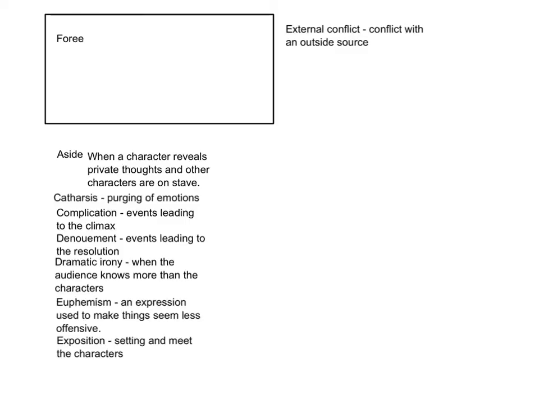Followed by foreshadowing, a subtle hint at future events. After foreshadowing, we have hyperbole, which is just an exaggeration. Iambic pentameter, the rhythm of Shakespeare's words.